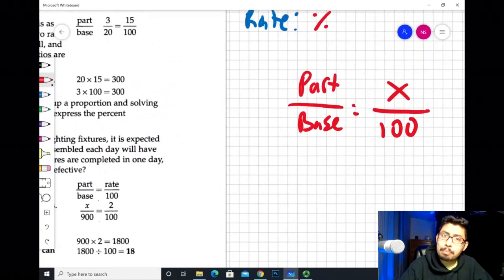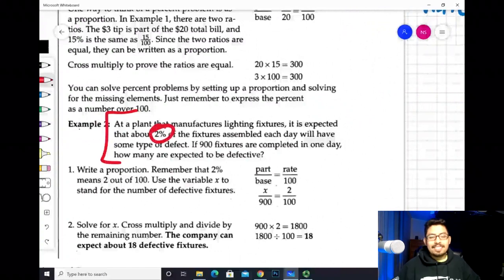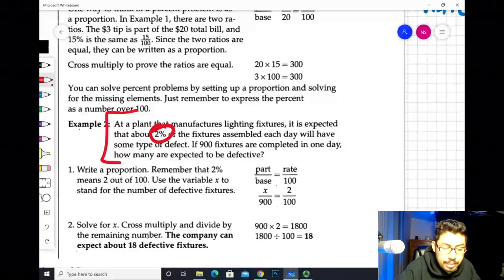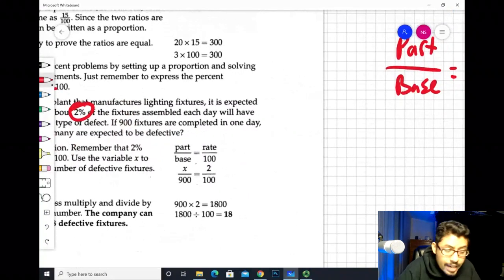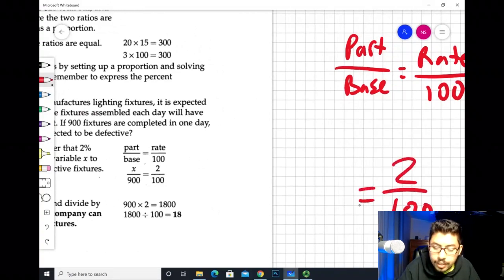But no, not in this case. They gave it to me: it is expected that about 2% of the fixtures assembled each day will have some type of defect. I was given the rate here, folks. I was given the percent. So I already know my rate is 2 over 100.